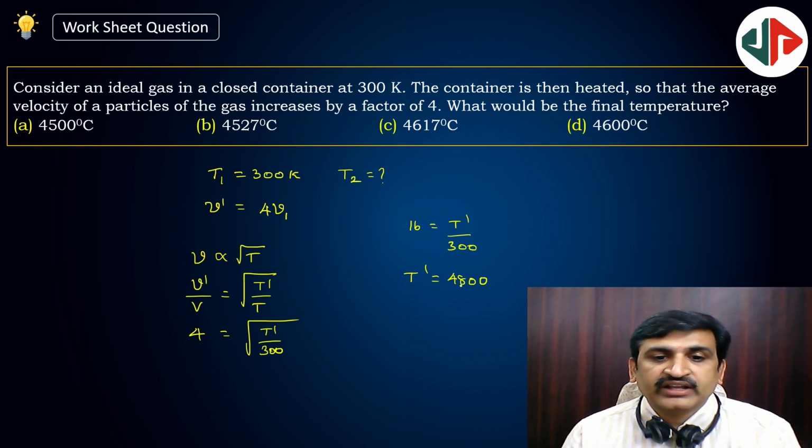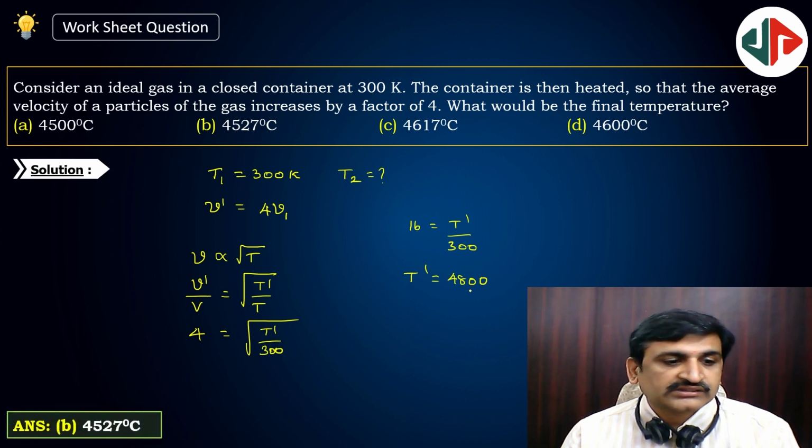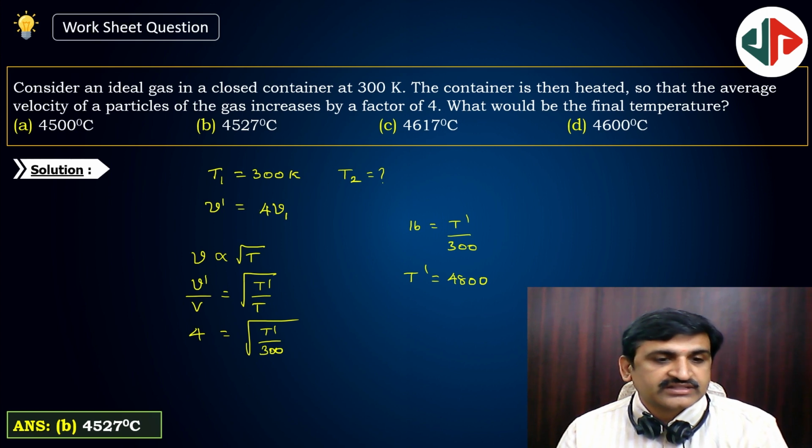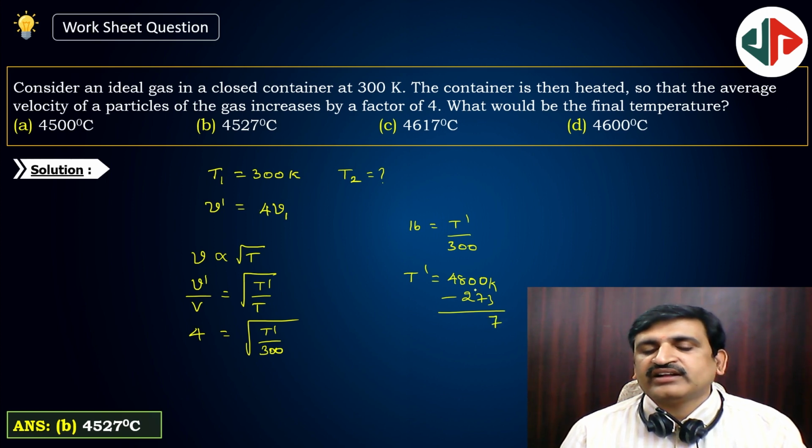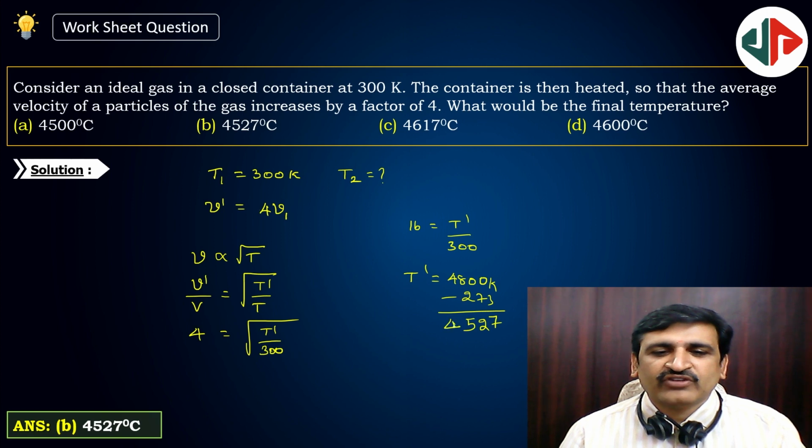The closest number in the options is 46 45. Let me check it. Anything I missed? Almost all calculation is correct everywhere. Okay, the options are in degrees Celsius and we got the answer in Kelvin, so we need to subtract 273. That gives 4527.